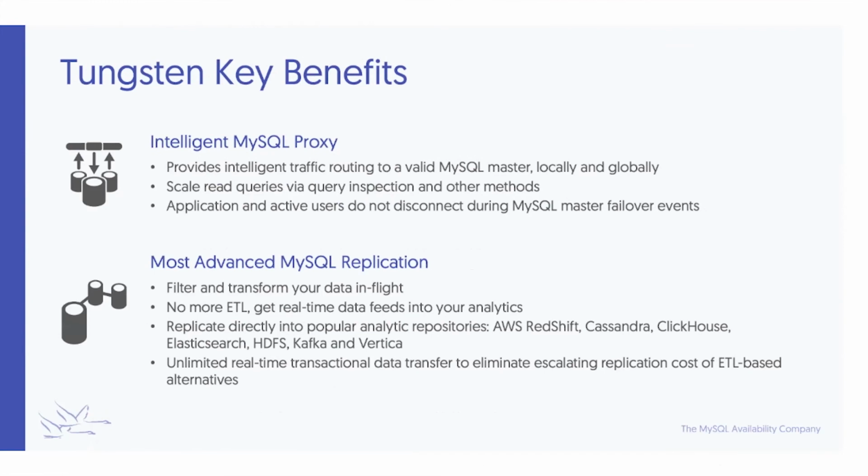So we touched on the tungsten connector. That's the intelligent MySQL proxy. That provides all the intelligent routing that we saw in this webinar. And there's a whole lot more that the tungsten connector can do. It does really sophisticated read-write splitting and load balancing in the local cluster.